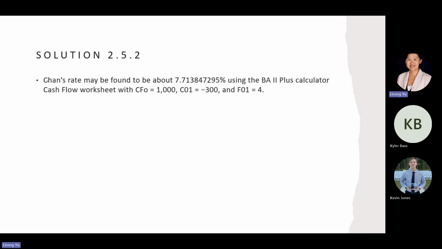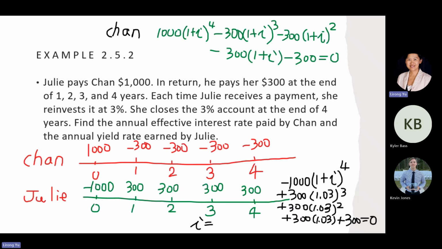And then you calculate IRR and compute CPT, it will show the same answer. So it's pretty easy to double check that. We only have to enter 3 values into the calculator to show the rate of return. This is the only one where we should use the BA II Plus calculator because that's a degree 4 polynomial, which will be hard to do manually.